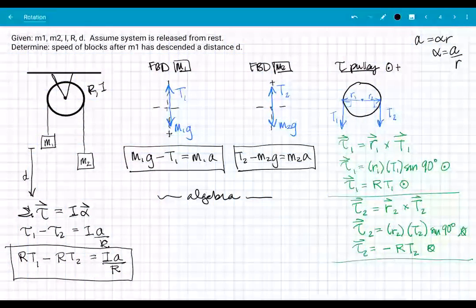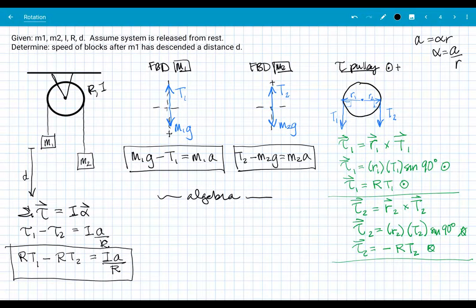Pick what your favorite method is to use. And then you're also going to need to use a little kinematics here, right? Because notice that you're being asked to find the speed of the blocks. So you're going to use some algebra and then you're going to solve for acceleration.